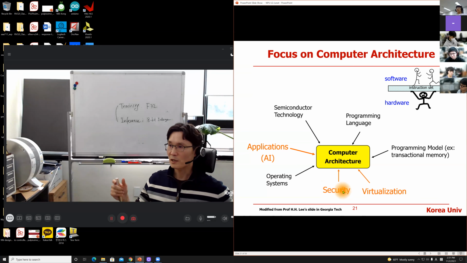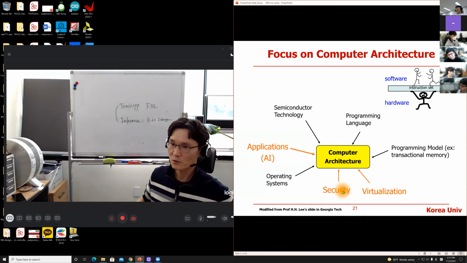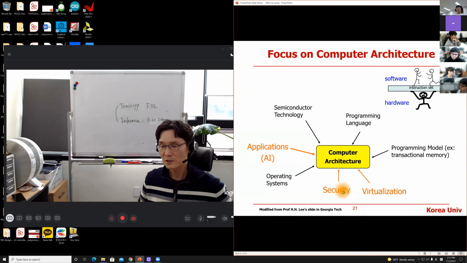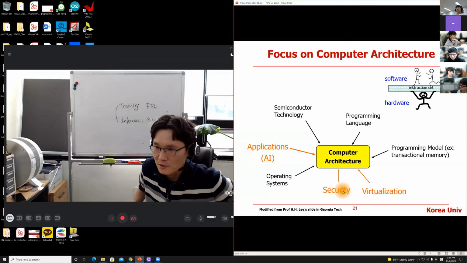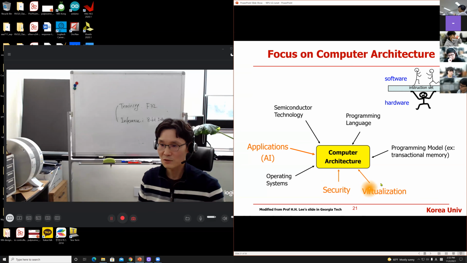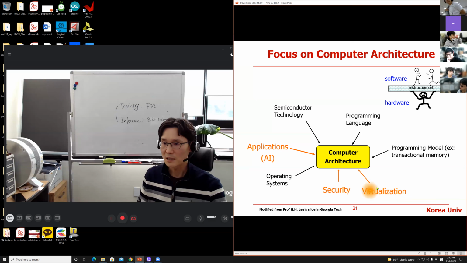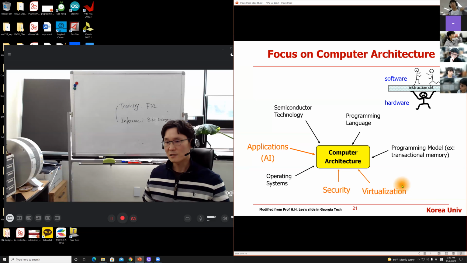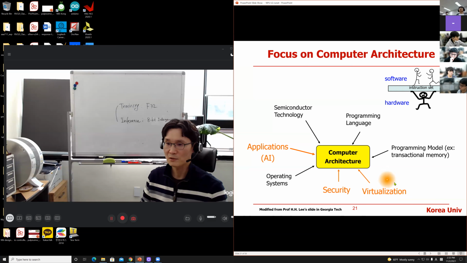Intel says no. Okay, I can talk to AMD. Then Intel has no choice. And virtualization technology too. At the beginning, the Intel processor did not have support for virtualization. Then there was a need, so Intel started to add VM enter, VM exit, that kind of instructions.